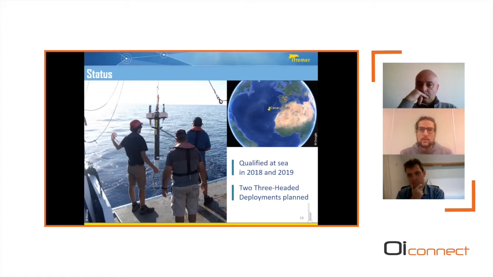So we finally decided to deploy the two floats in the same area because that will give us even more data to intercompare, and this is a zone where we already have a lot of profiles from previous deep floats.